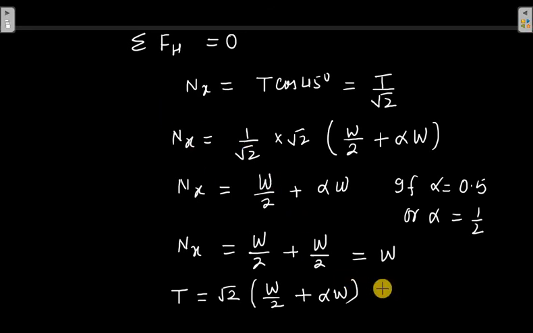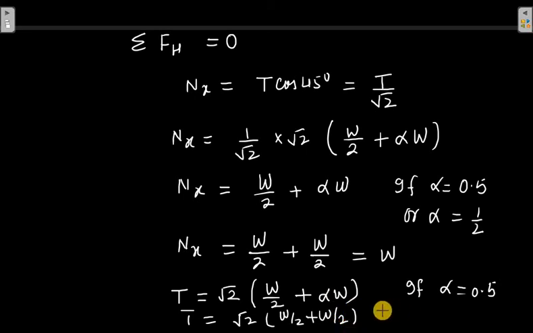If alpha equal to 0.5, then T will be equal to root 2 times W by 2 plus W by 2, or that becomes root 2 W, and option C is incorrect.